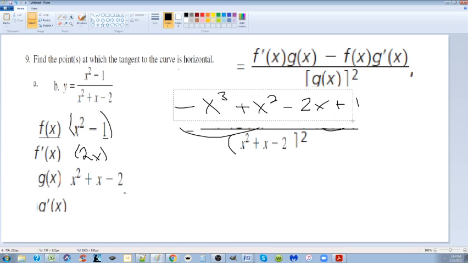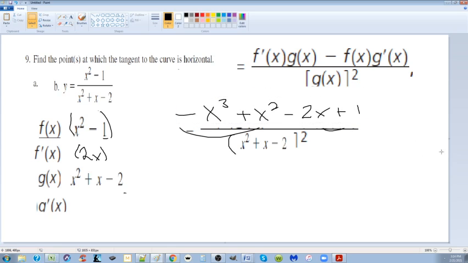Okay, I'm just going to lower that a bit. There we go. Now again, I'm not going to bother with the denominator because for this entire thing to equal 0, the only thing I'm concerned about is the top. I'll have to plug it in later and see, but for now, it's going to be the top. Now, right away, I believe I've made a mistake because I've got an x cubed there.